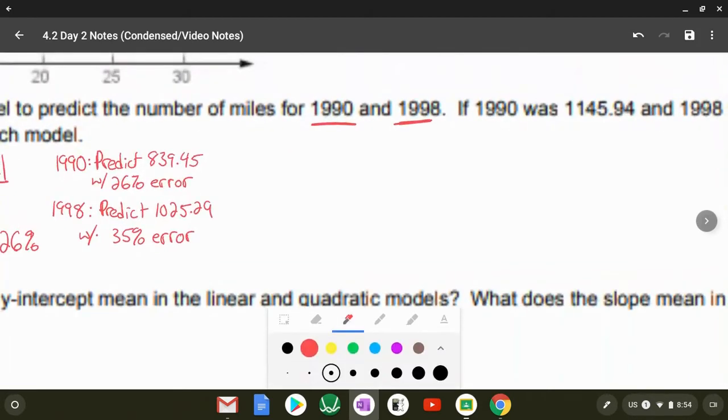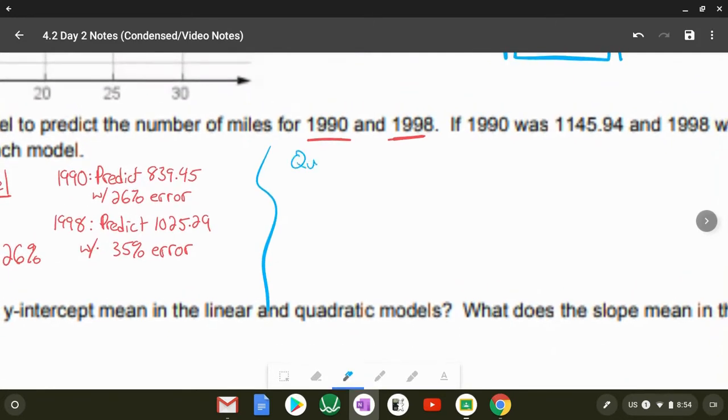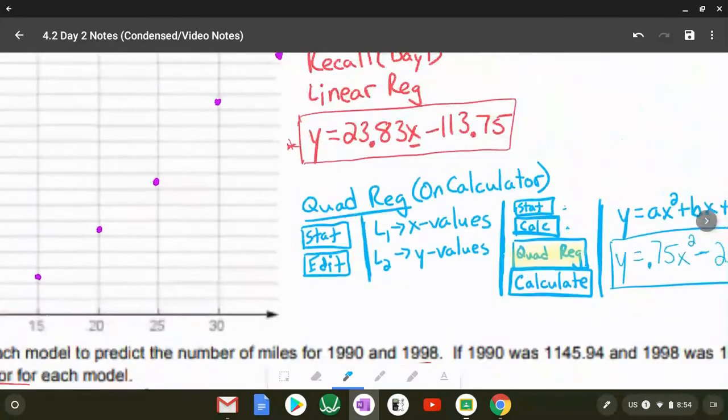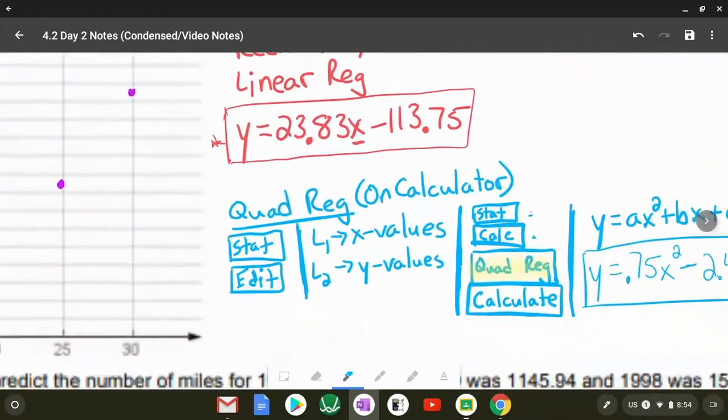But it's asking us to do it for both, so let's go ahead and use our quadratic model. And if we do that, we're doing the same thing. You need to plug in 40, and you need to plug in 48, because again, X represents the number of years since 1950.